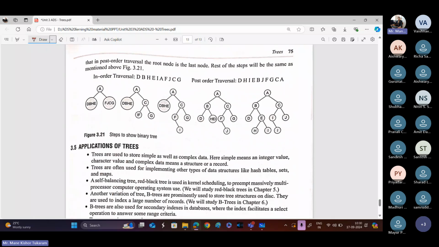So here again, another example, that is in-order is given and post-order is given. So here the root is this one and this one. So we recognize the root, and from this, whatever the nodes. So here we have to recognize which are the nodes.